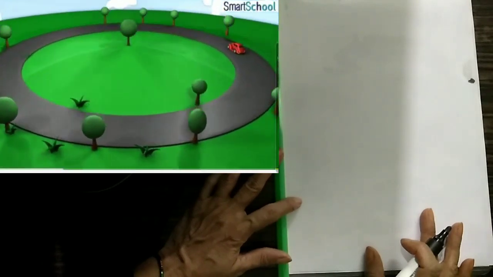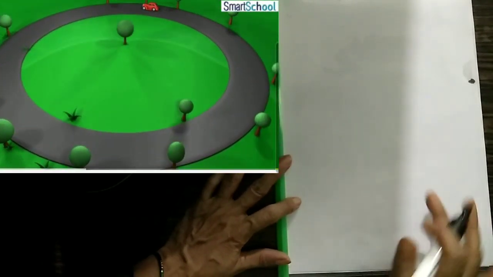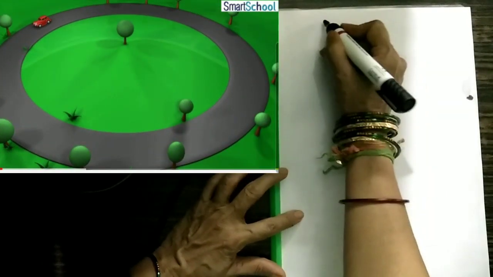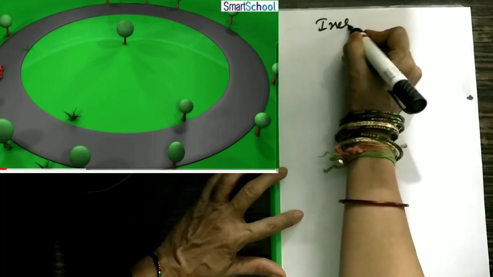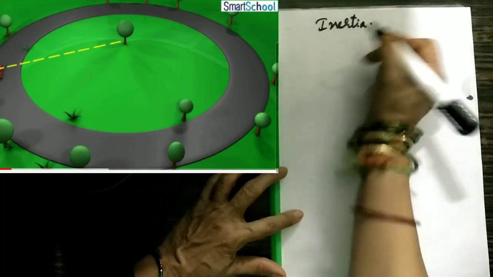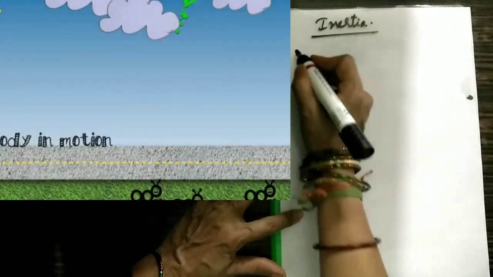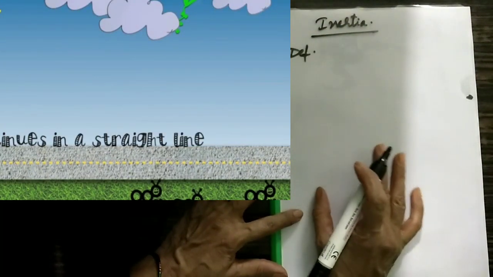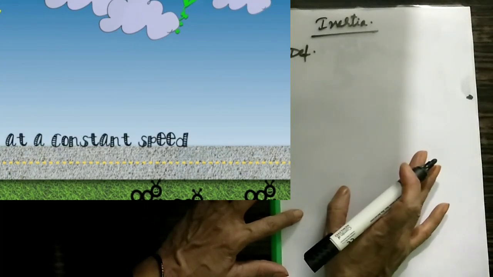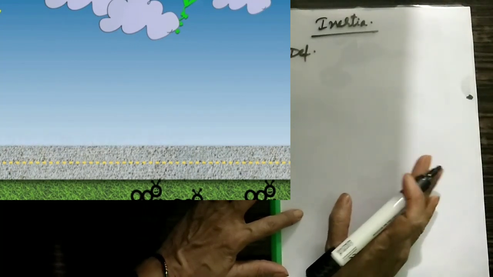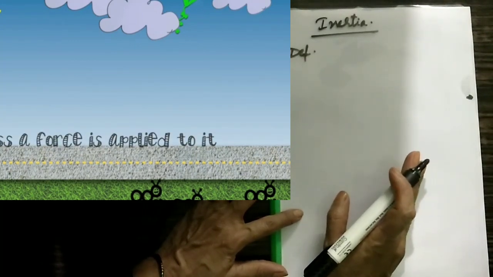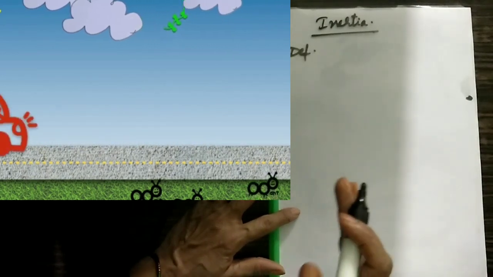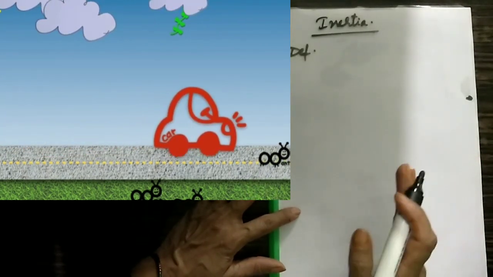Now, coming to the property of the materials or objects, that is inertia. What is the definition of inertia? Suppose if a body is at rest, it continues to be at rest. If a body is moving, it continues to be in motion only.